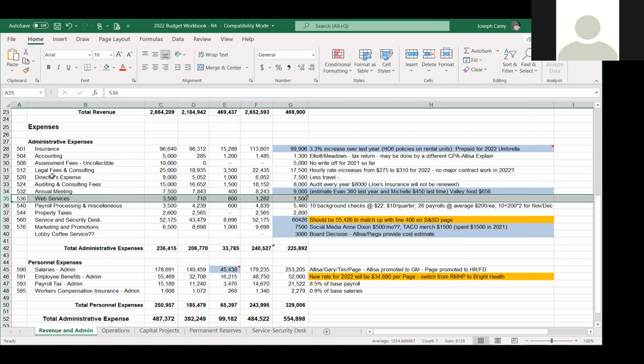Okay, next item in the admin expenses is 536 web services.